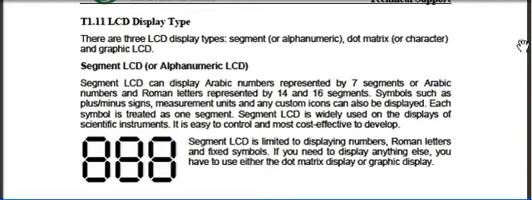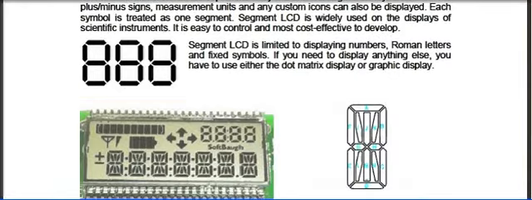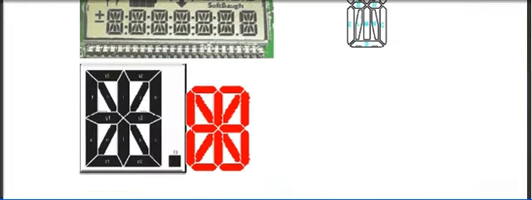LCD can display numbers. In order to display some characters, we can use 14 segments or even 16 segments display.